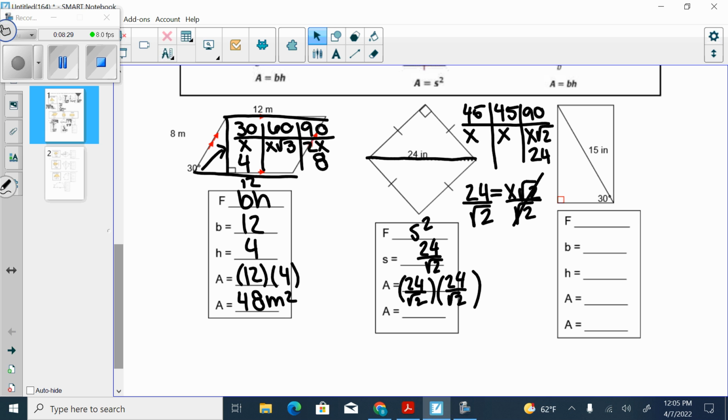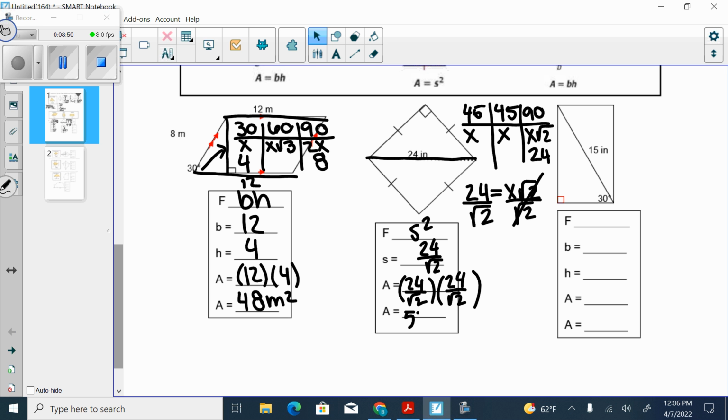What's going to happen to those square roots when we actually multiply? Right, they go away. So you don't have to get rid of it here because it is going to get rid of itself further into the problem. So in the top, we've got 24 times 24, which is very good.